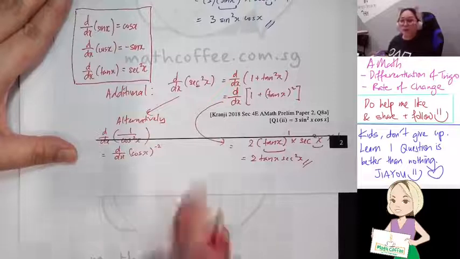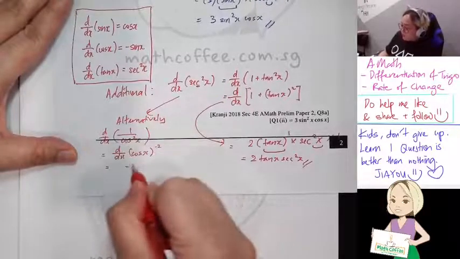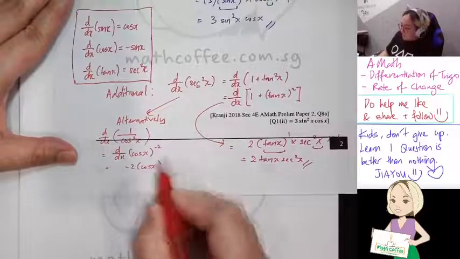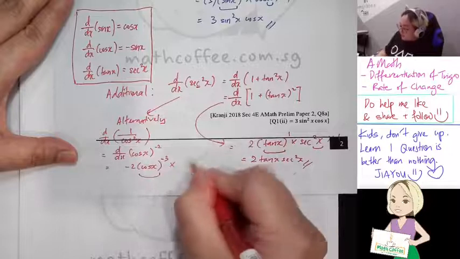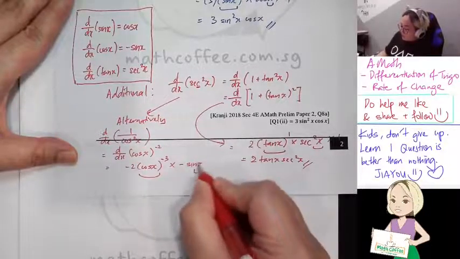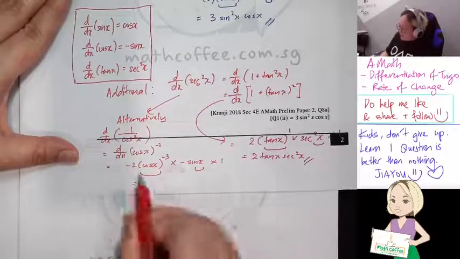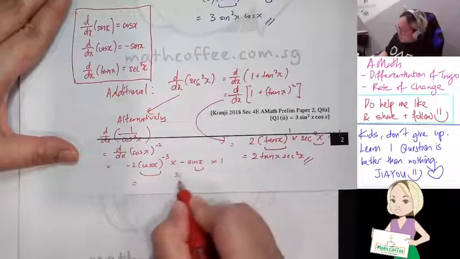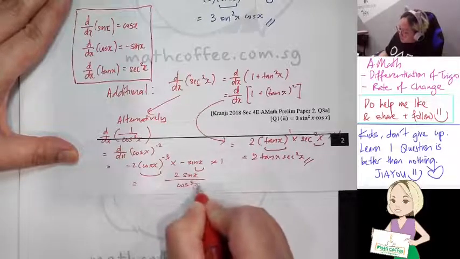Right? I also can differentiate in this way. Then apply the chain rule. Power bring down, minus 2, copy, power minus 1, which is minus 3. Multiply by differentiate inside, which is minus sine x. Then times the differentiate inside, which is times 1. So when I simplify this, minus minus is positive, so I get 2 sine x over cosine cube x.